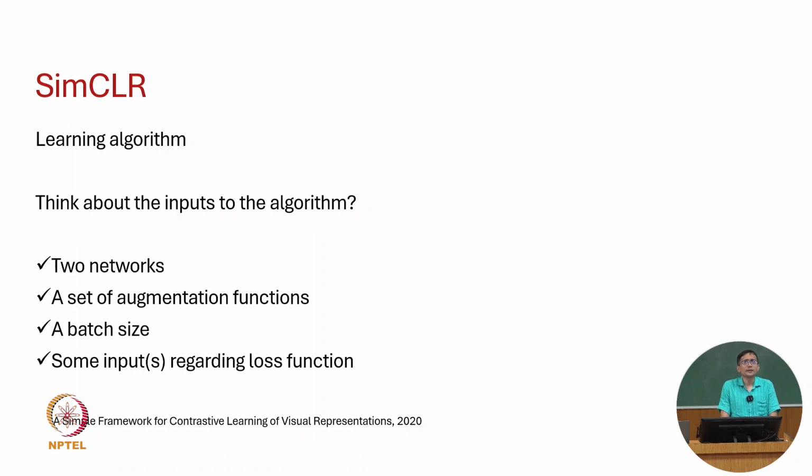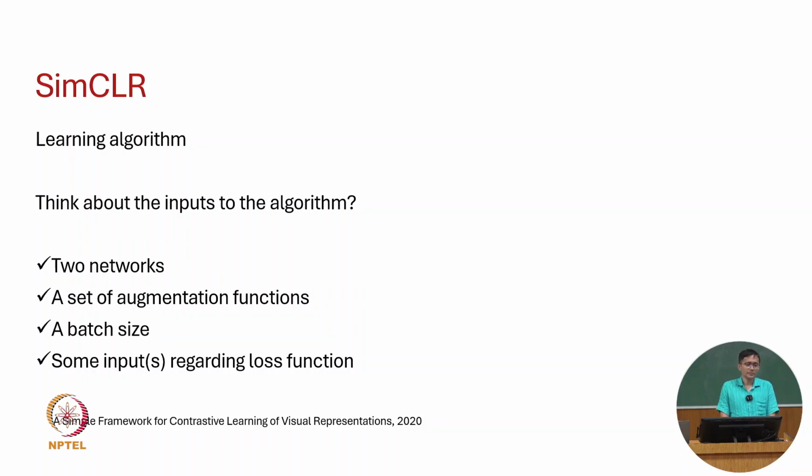The inputs would be two networks, a set of augmentation functions, a particular batch size, and there would also be some input or inputs regarding the loss function, which at this moment is not so important for us to understand. However, we will mention also them briefly later.